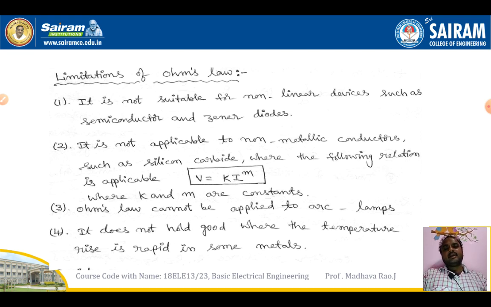So these are the limitations of Ohm's law. In the next video we will see what is meant by resistance, and the equivalent resistance if you connect resistances in series and in parallel. Those things we will see in the next video. Okay, thank you.